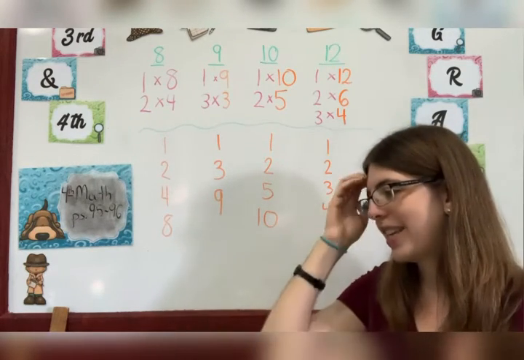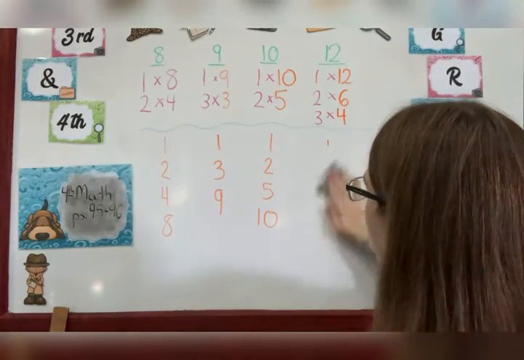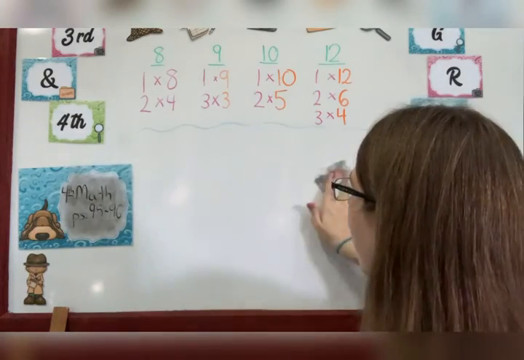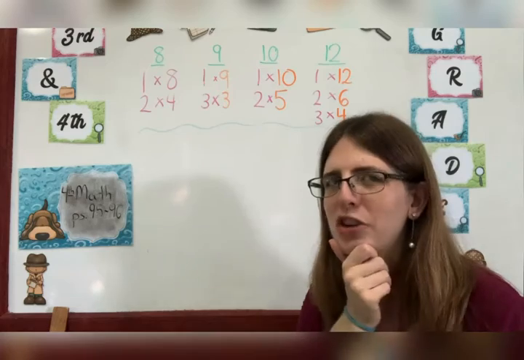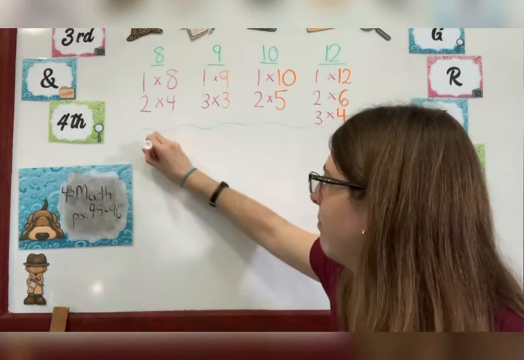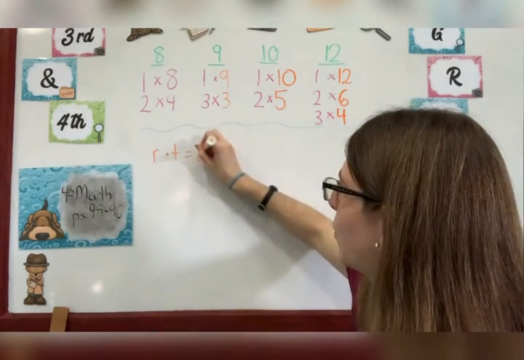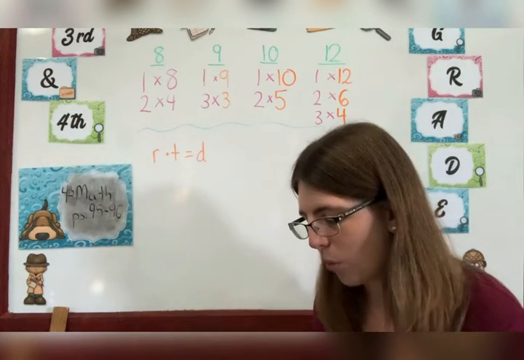Okay, so this is a rate times time equals distance problem. I need to ask Miss Jessica how she's taught you to do these because I'm not quite sure. Okay, we have a formula. Rate times time equals distance. The rate is how fast a person is going.